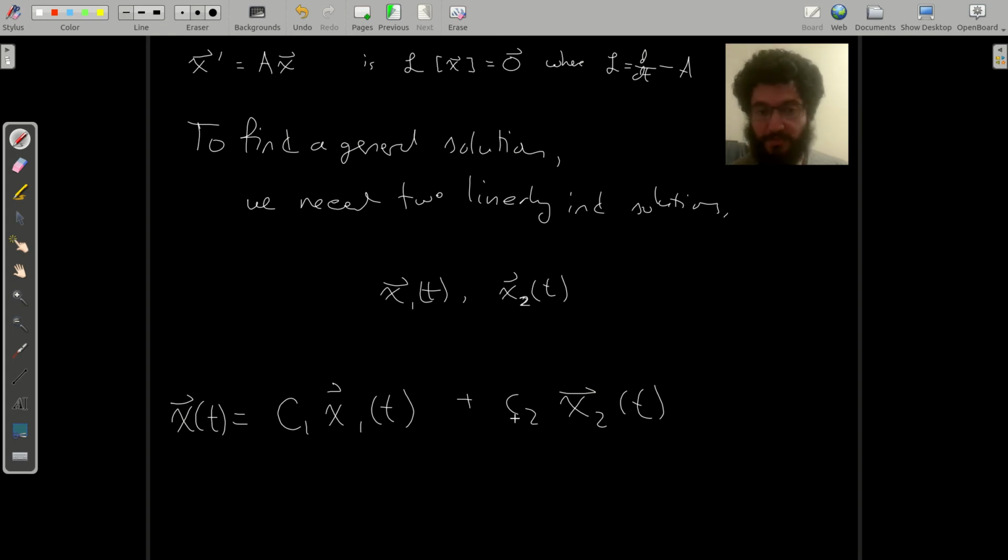So just having two initial conditions, like something for x of 0 and something for y of 0, or just one initial condition if you write it like this, would be enough.